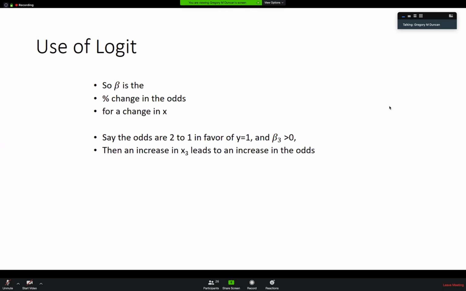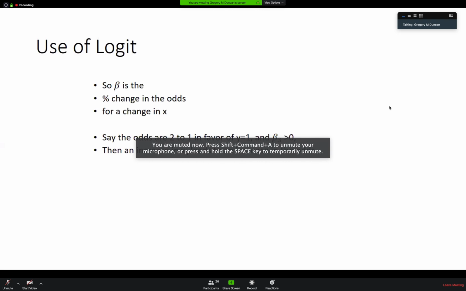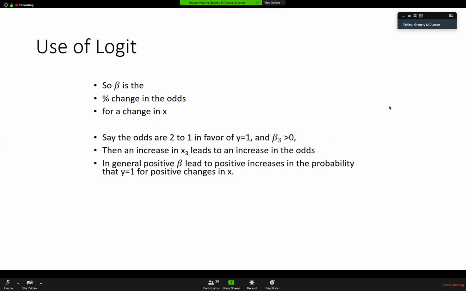You will find that the medical people, the biotech people, are very good at interpreting these things. Economists need to become better at it. In general, a positive beta leads to positive increases in the probability that y equals 1 for positive changes in X.